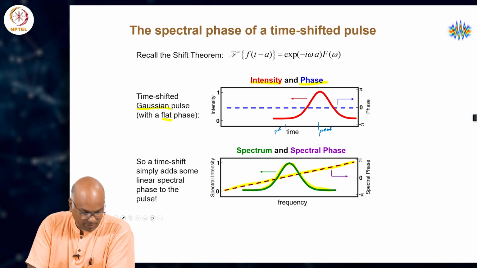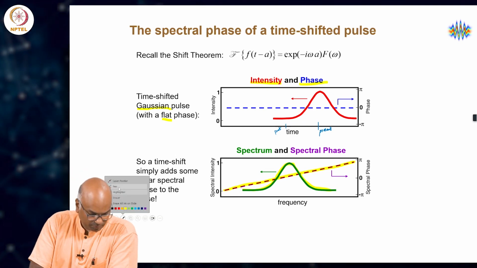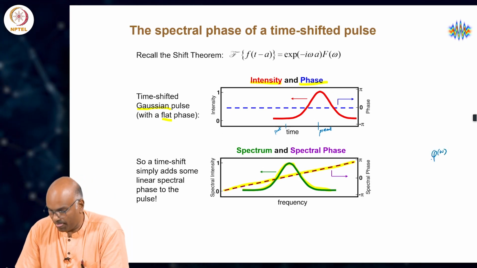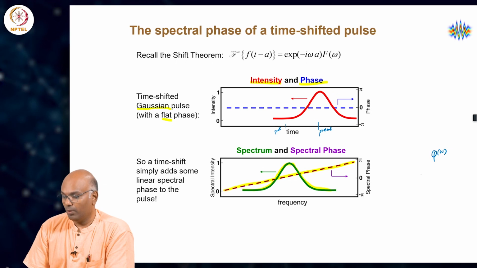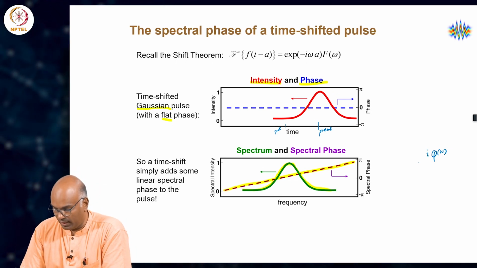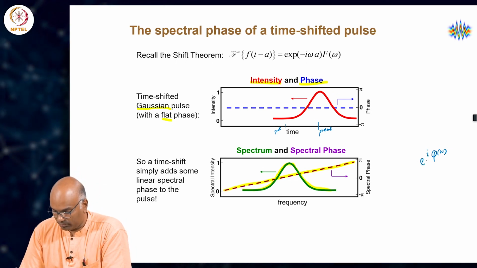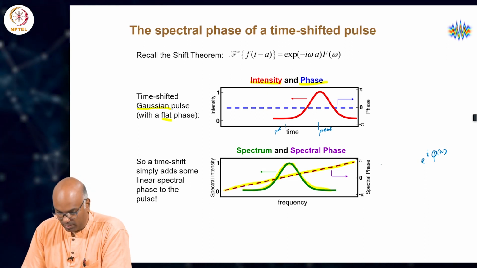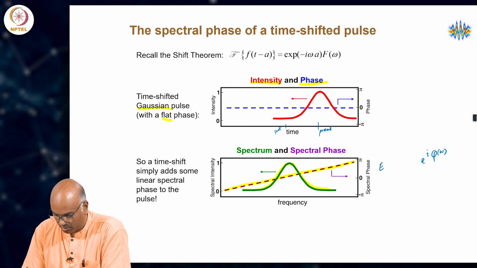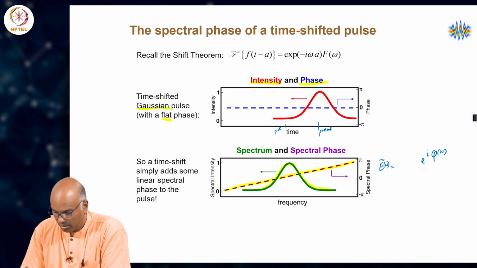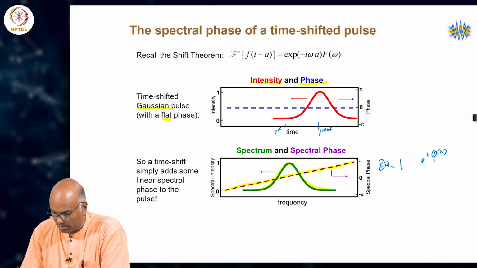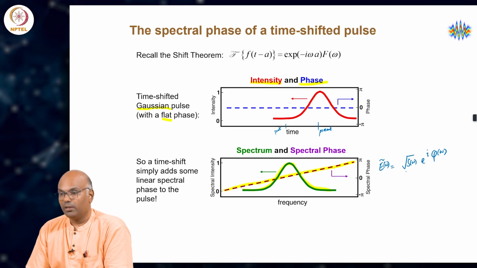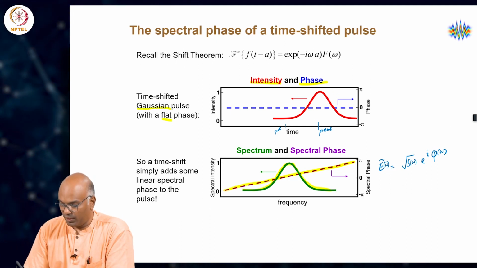Because the initial spectral phase before the shifting was phi of omega, okay, and the pulse essentially had, in the spectral domain description, E tilde of omega, it had this, right? So, phi of omega is this function.